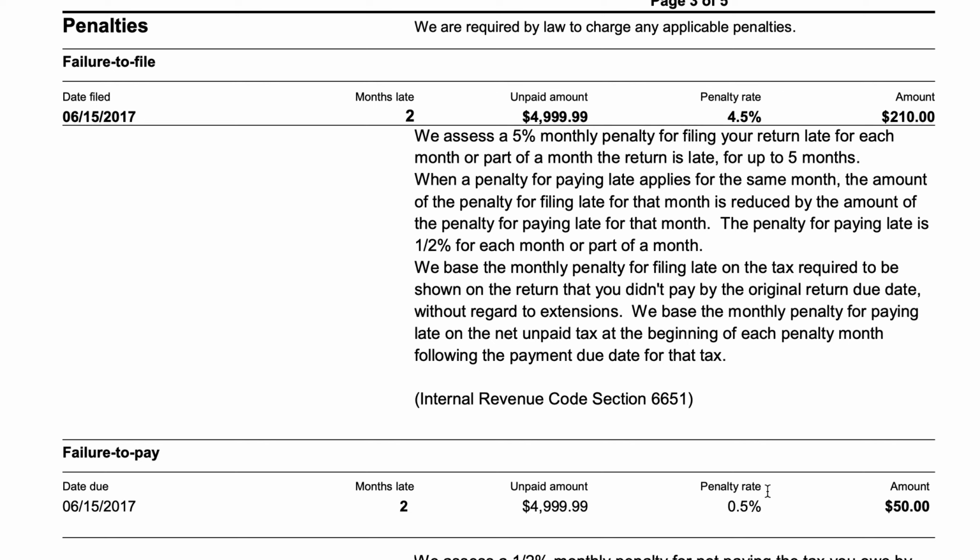But when it's combined with a failure to pay, then you'll see the failure to pay penalty is 0.5%. So the 5% minus the 0.5 equals 4.5%. So in other words, they're kind of cumulative in that the total penalty rate, if both of those penalties apply, does not exceed 5% per month.